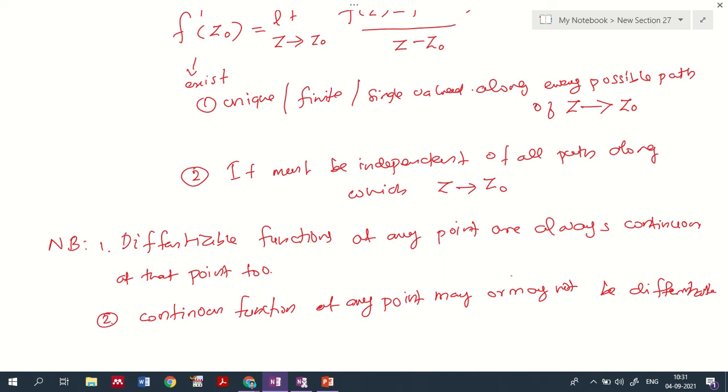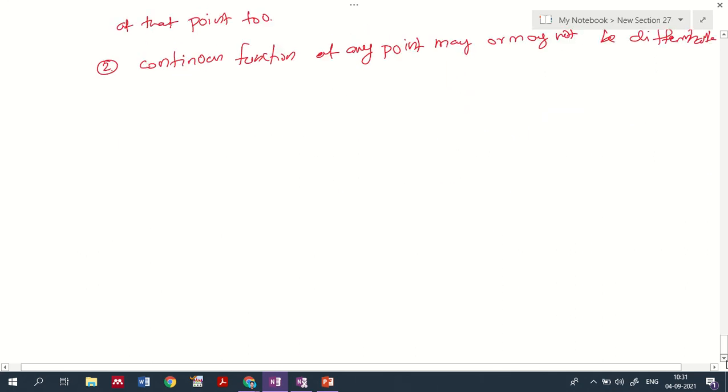Let me introduce one example to verify whether a function is differentiable or not.